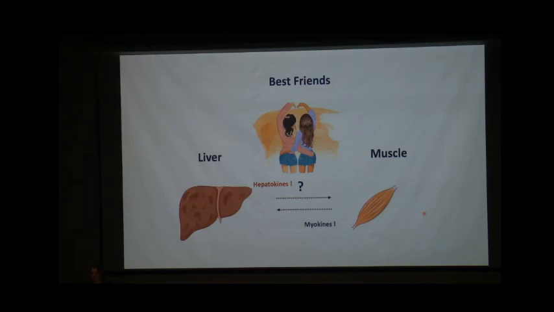The liver talks to the muscle in a well-timed, coordinated conversation. If something goes bad in the liver, it affects the muscle and vice versa. They are also interdependent and metabolically related to each other. So the liver talks to the muscle through kines, which I will discuss further.